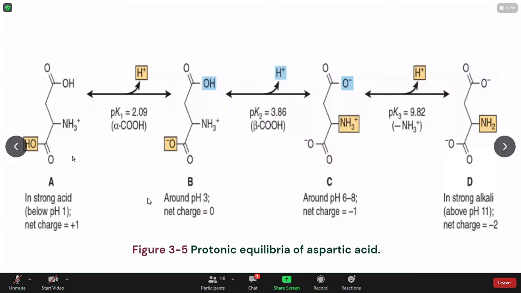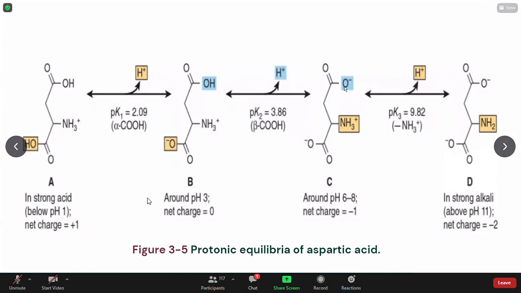Okay. So at pH 1, aspartic acid has a positive charge of 1. At pH 3, aspartic acid has a 0 charge. Negative and positive cancel to 0. Around 6.8, pH 6 to 8, you have 1 negative charge.